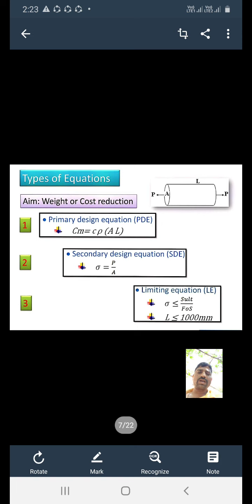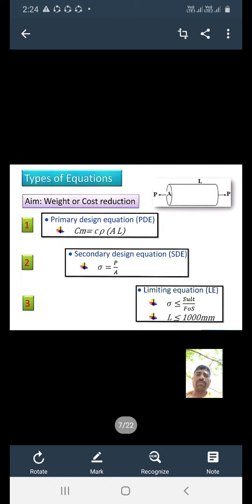Area unit is meter square and length unit is meter, so you get meter cube, the total volume of that cylinder. And the secondary design equation depends on the different types of stresses. You know the stress sigma is equal to P by A. Then we will see some numericals on both.